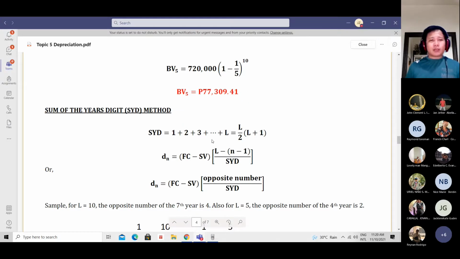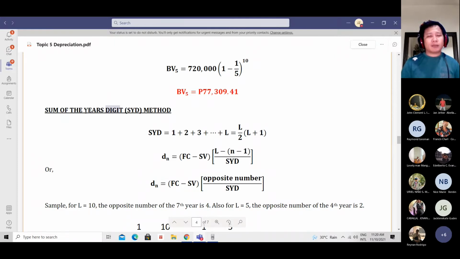It's called the sum of the years digit method or SYD method. Why is it called sum of the years digit? From the name itself, you have to take the sum of each digit of the year.